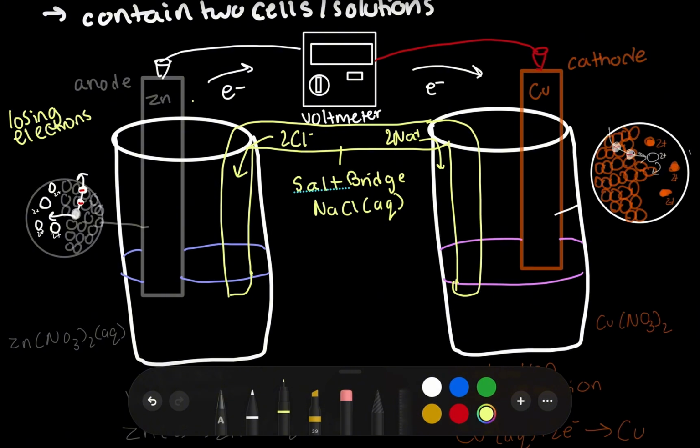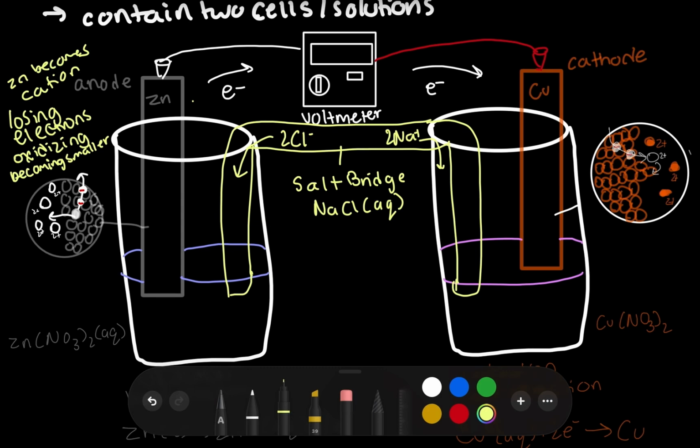And if we're losing electrons, that means that Zn is oxidizing. And if Zn is oxidizing, it's becoming smaller. And also, if it's losing electrons, it's gaining an excess of positivity. So it becomes a cation, or Zn becomes a cation.